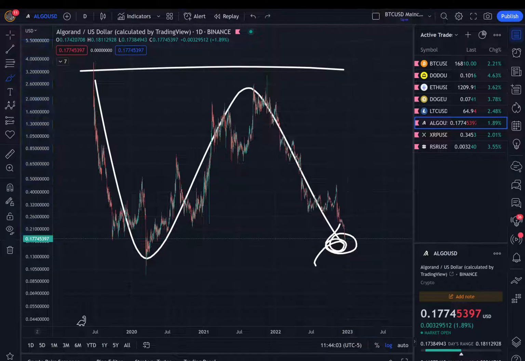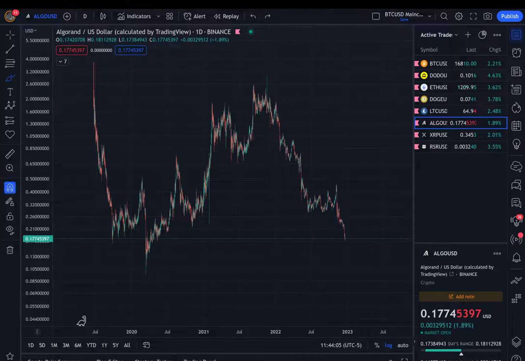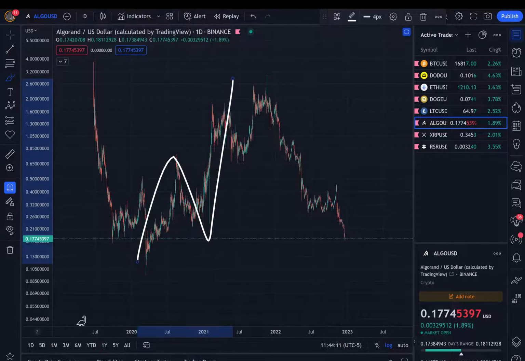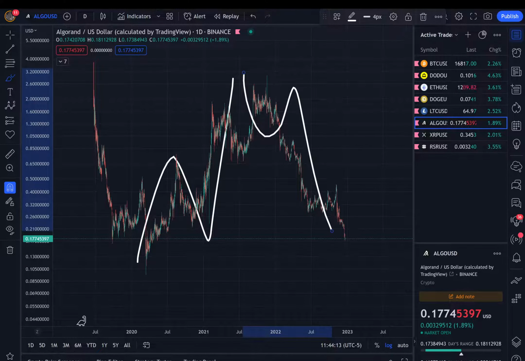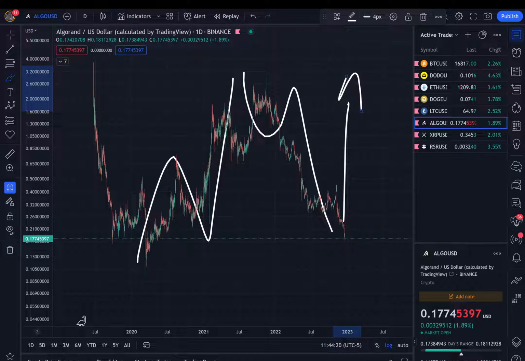Why? Because we know you have a pattern that's concluded, right? Everything comes in pairs. Just think in pairs. Everything comes in pairs. A wave, B wave. Whatever happens, you're going to have to put in either another pair of corrective waves or go into impulse. Does that make sense? So you're going up more likely than not. That's my read on Algo.